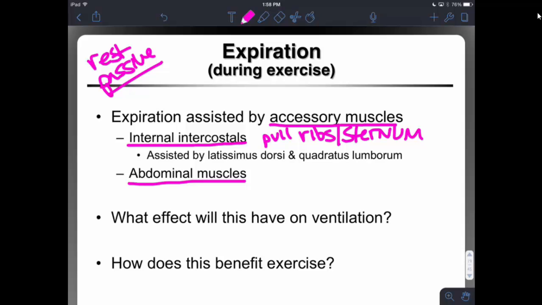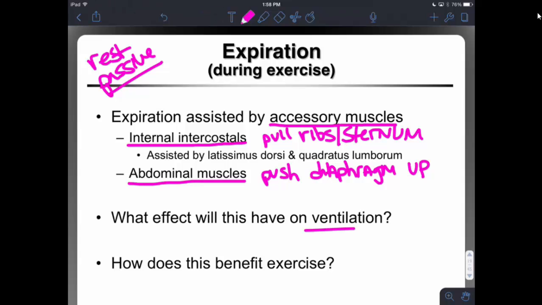And as it pulls the ribs and sternum down, you're going to shrink the thoracic cavity. Okay? And abdominal muscles are going to push the diaphragm up. Okay? And by pushing the diaphragm up, you're going to shrink the thoracic cavity faster.